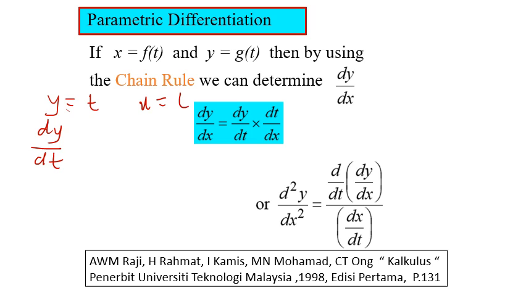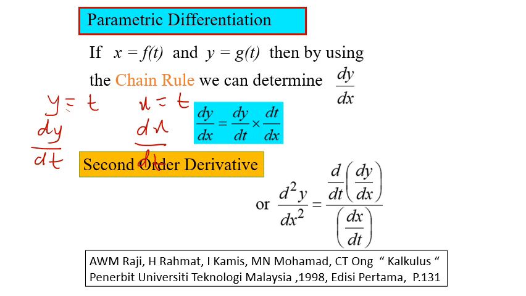And for x in terms of t, we get dx/dt. In order to find dy/dx, we multiply dy/dt with dt/dx. So it means we have to reverse dx/dt to become dt/dx.